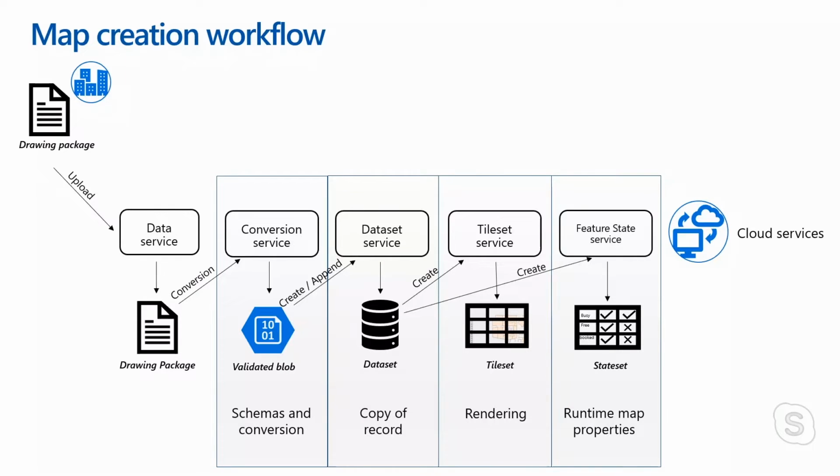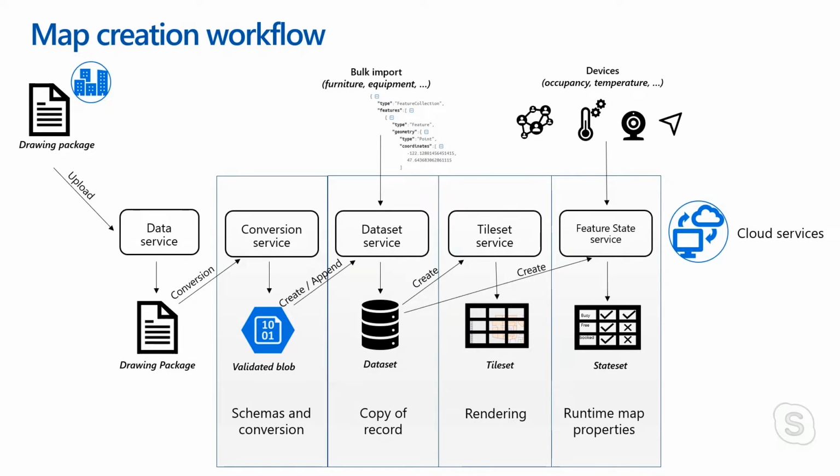And those are the things that we can import, let you upload in Azure Maps, and then process, convert one building at a time, and then you can build into the dataset. And this is where that data gets indexed and made available for exploitation. Now, if you want to do rendering, as I mentioned, you create the tilesets, and if you want to do feature state, you can make use of feature state service.